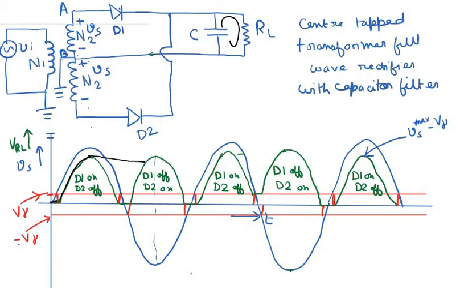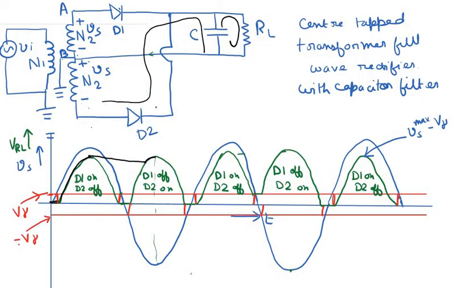The capacitor again charges itself. Now diode D2 is charging the capacitor at this point, because D2 is turned on, in the conducting state, so it charges the capacitor through this path.